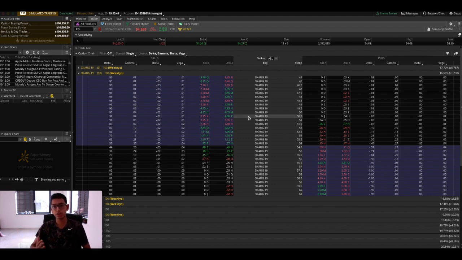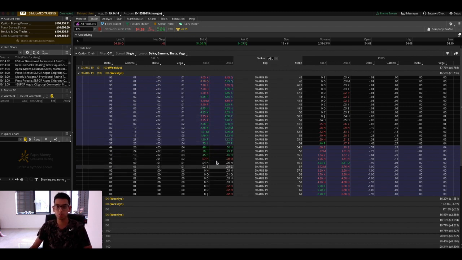Today we're going to be studying option Greeks. Option Greeks basically determine the price of an option. Here you can see my Thinkorswim TD Ameritrade platform, and I'm on the Coca-Cola stock right now. I have 10 days to expiration on this options grid, and you can see the ask price for these options.